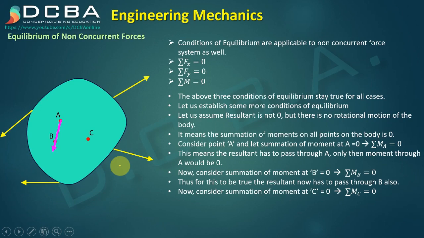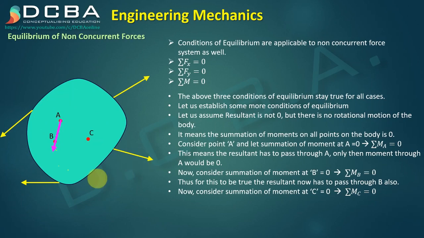But just think for a moment how it is possible for this resultant to pass through A, B and C simultaneously. It is impossible for the resultant to pass through all these three non-collinear points together, right?